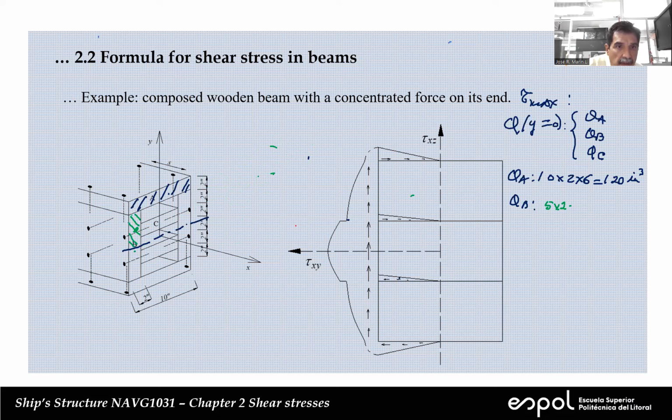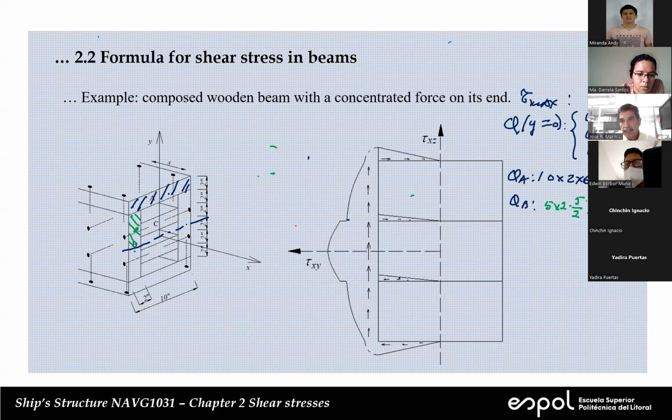If from here to here is 5, then this is half, so it's going to be 2.5, I think, right? Correct me if I'm wrong, somebody. So here is 5 divided by 2. Sometimes it's easy to remember this: this is the thickness divided by 2, and this is half h squared minus y squared.